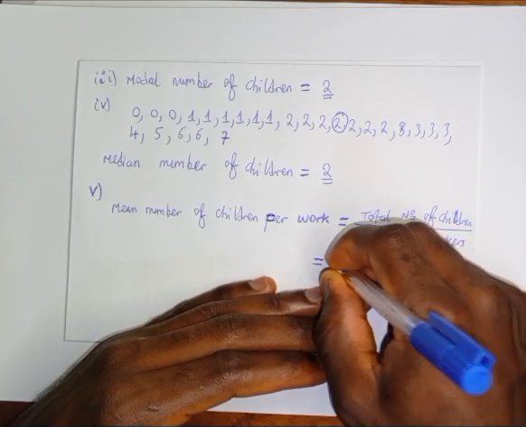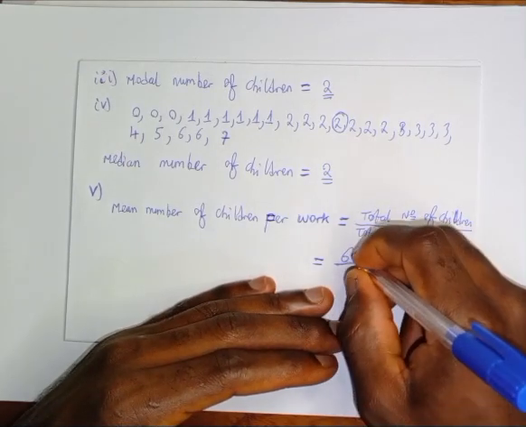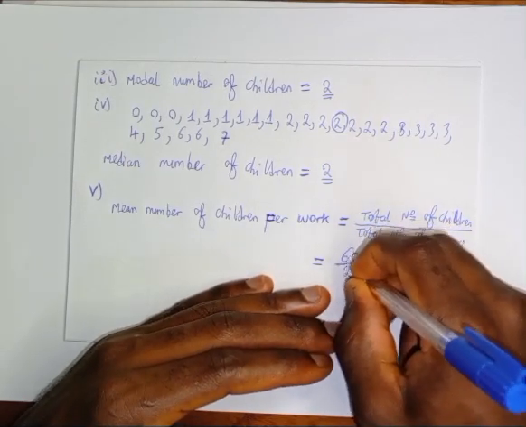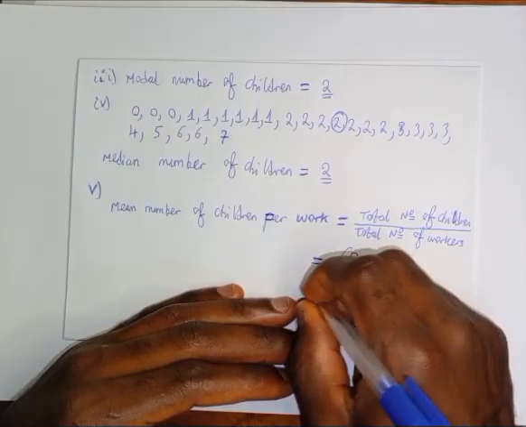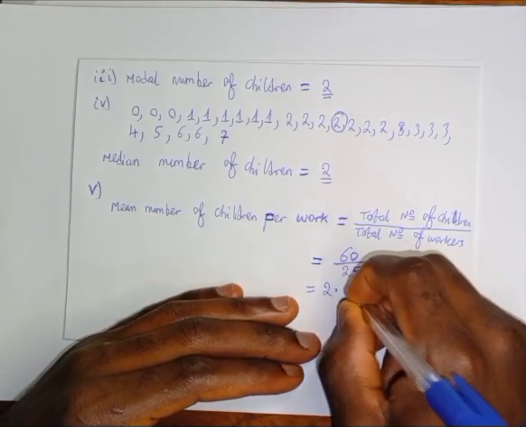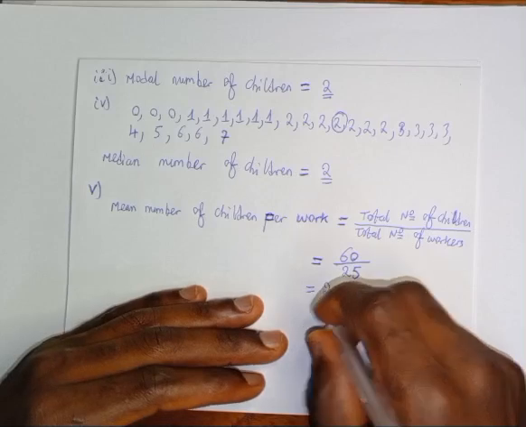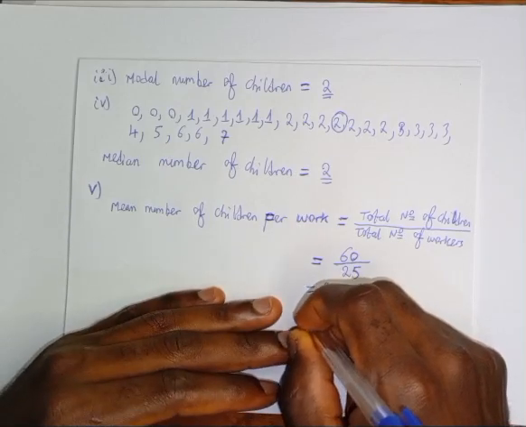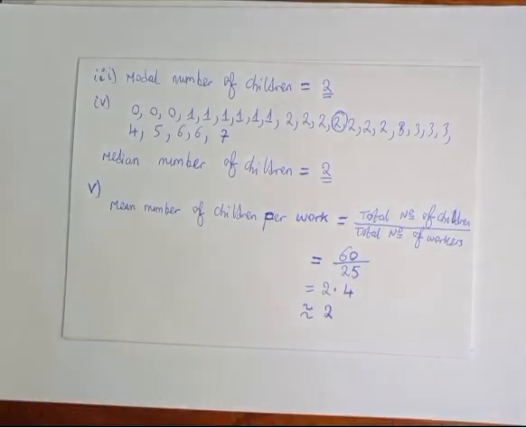We're going to divide 60 by the total number of workers, 25. This will give us 2.4, which is approximately 2 children.